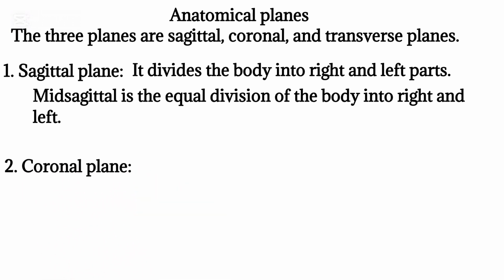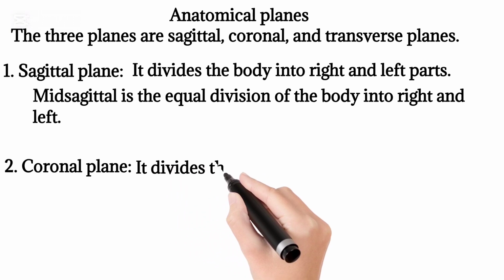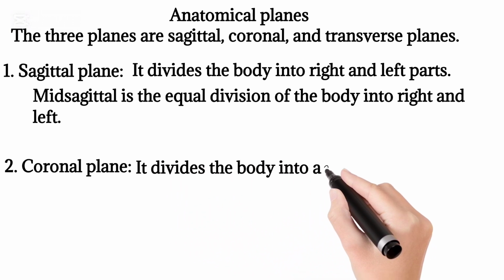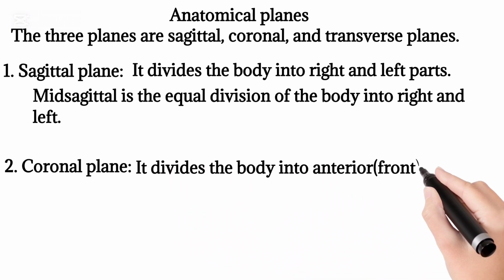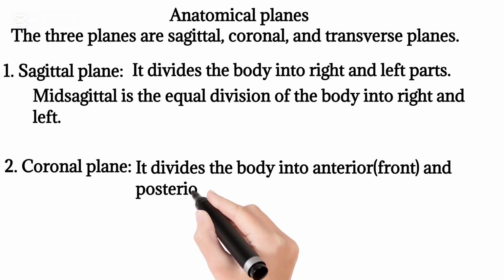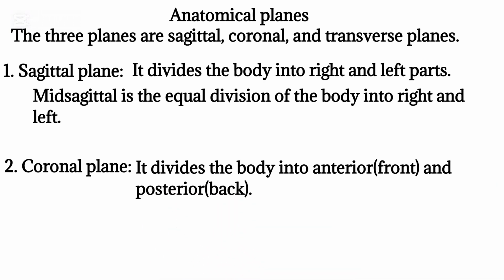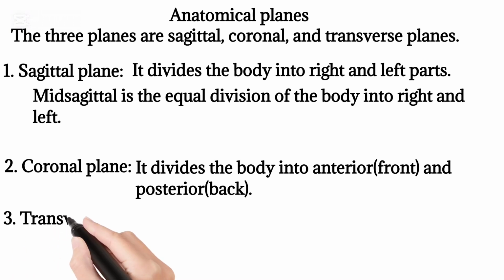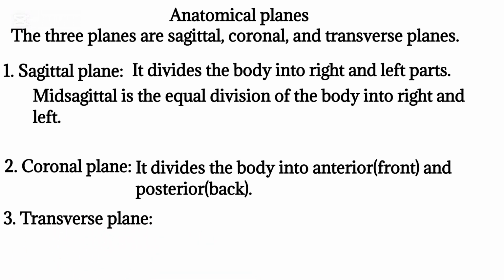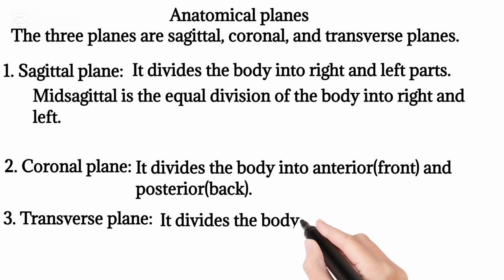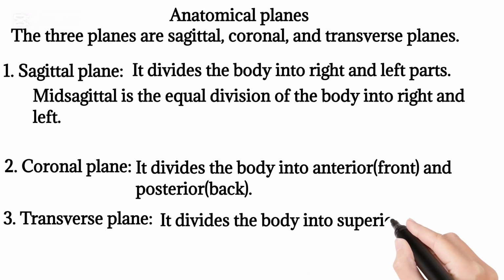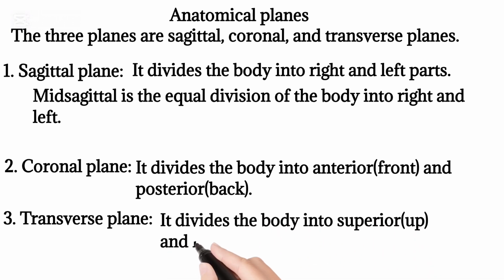This plane divides the body into anterior and posterior, that is front and back. And now the last plane, which is the transverse plane. It divides the body into superior and inferior, that is up and down.